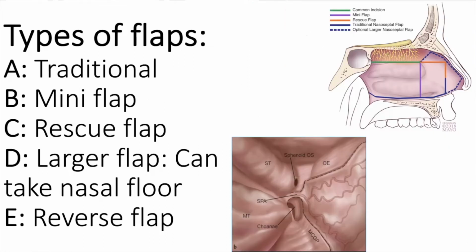The various types of flaps are there. The traditional flap, that means I have already discussed that the superior cut is given about 1 centimeter below the superior limit of the nasal septum because of the olfactory fibers.